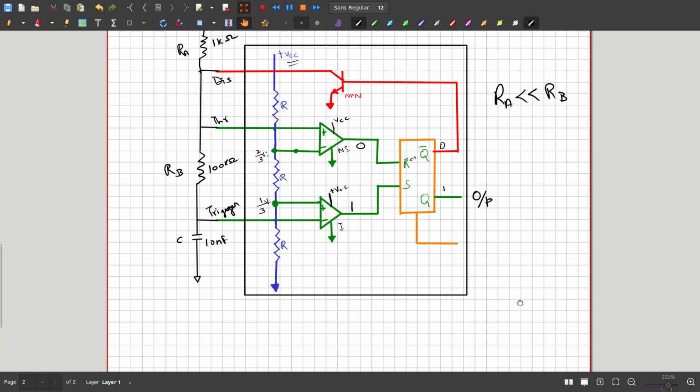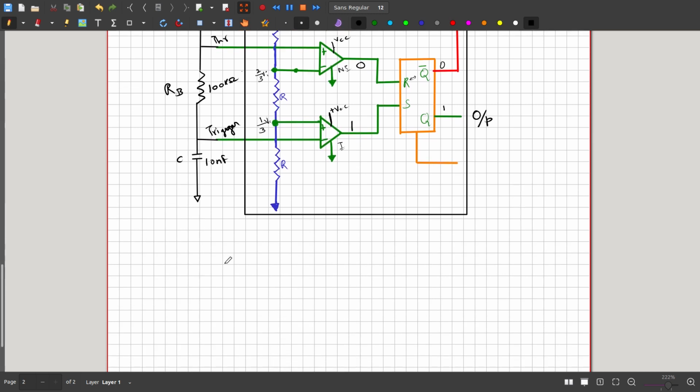Initially the output of the 555 timer is, let this be the logic high state and this be the logic low state. The output is somewhere here, it will be here.